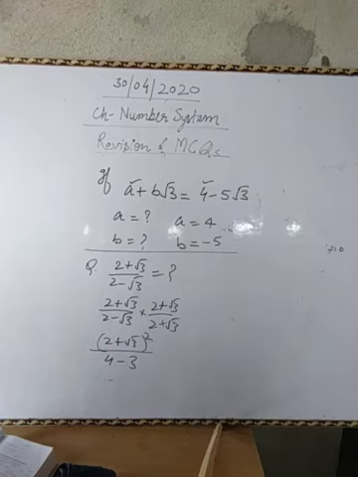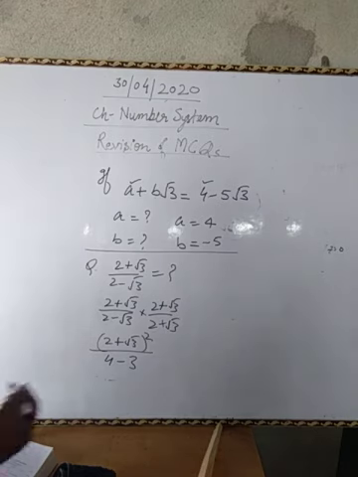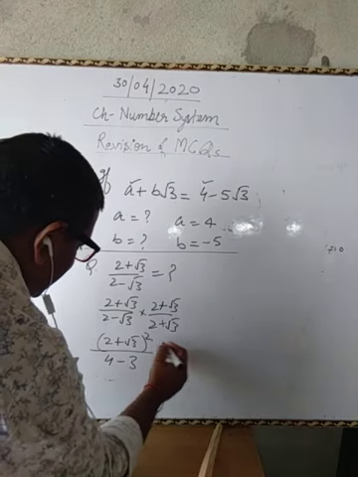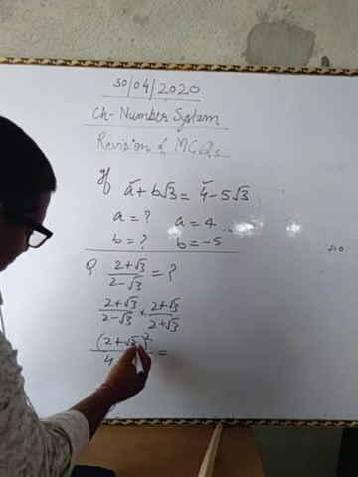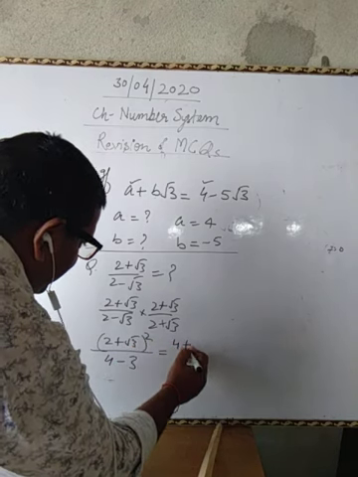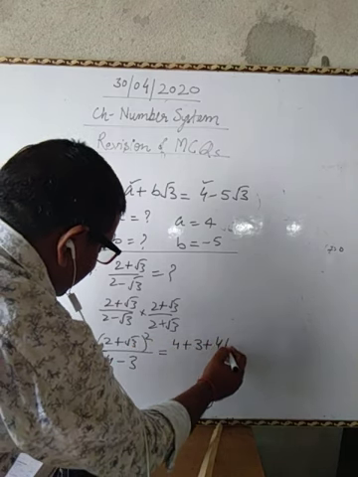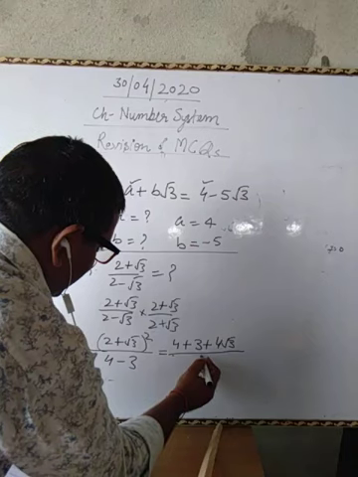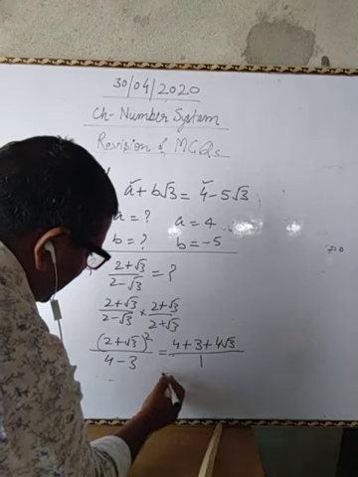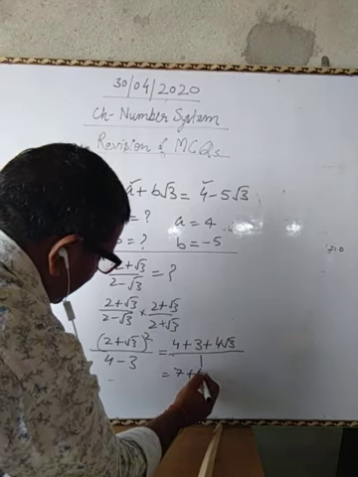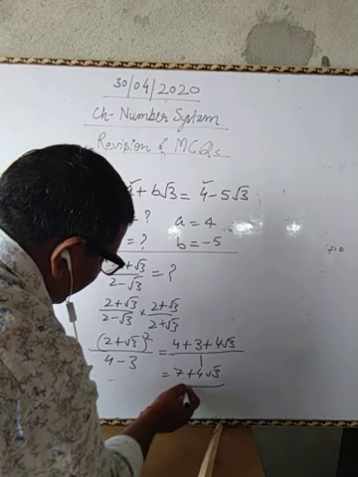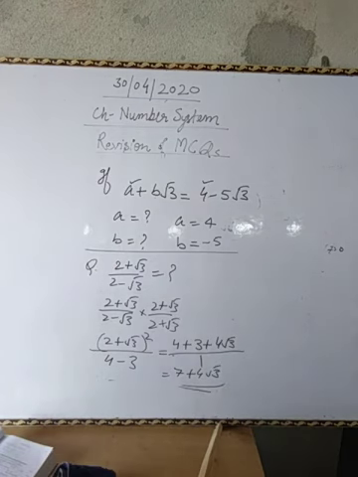I have used the difference formula here. The numerator uses the identity a plus b whole square. You may write this as 4 plus 3 plus 4 root 3, and the denominator is 1. Now 4 plus 3 is 7, and this is 4 root 3. Since I am explaining this one, that's why it is taking time, otherwise you may give your answer.